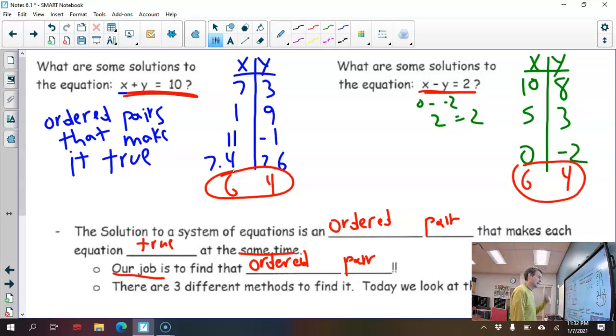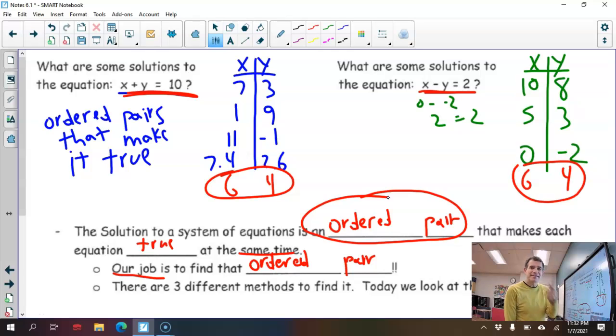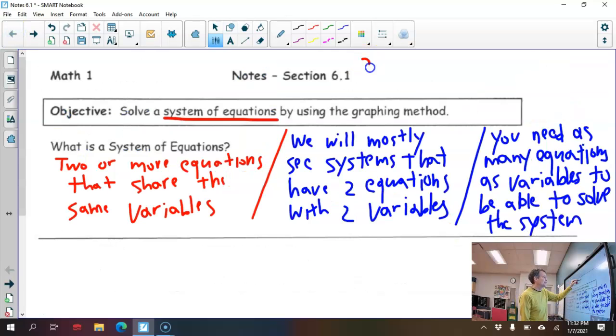Now, one more quick thing. Typically, the answer is going to be an ordered pair because typically we are going to deal with equations that have two variables, and typically they're going to be linear equations, though maybe not always. But what if you had, say, 3 equations with 3 variables?